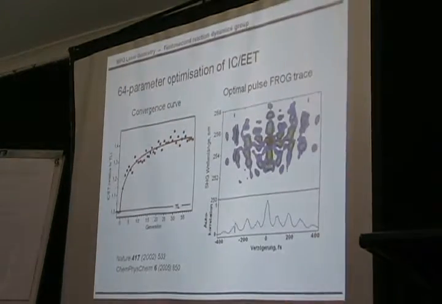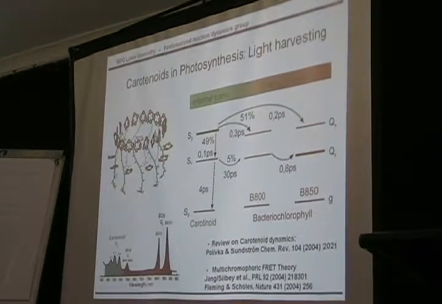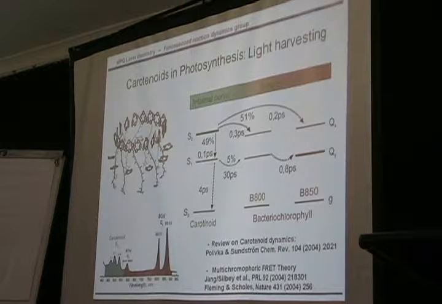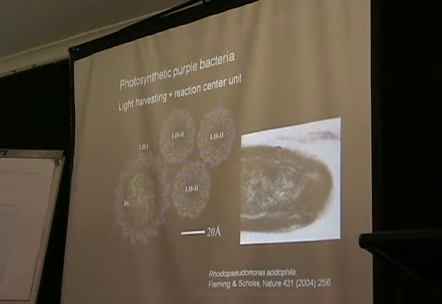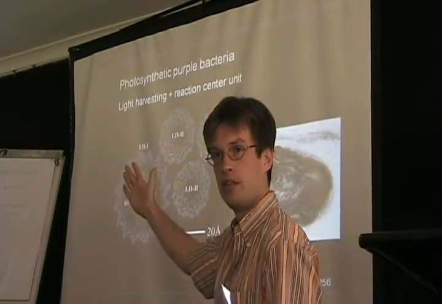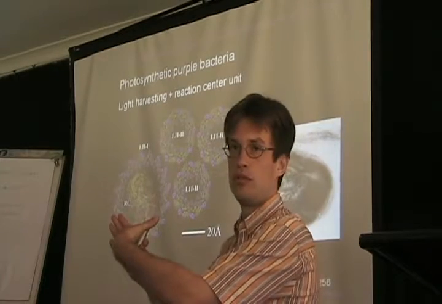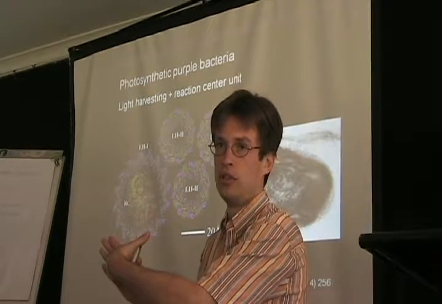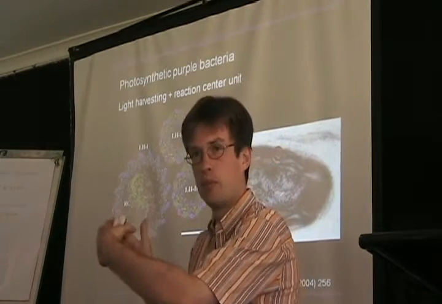Can I ask one question? Sure. What's the orientation of the carotenoids relative to the membrane? Is it fully embedded? So the membrane goes like this. Actually you see it better in this graph here. The membrane is like that, so the carotenoids traverse the membrane, if you want. Well, they don't traverse it, but they are perpendicular to it.